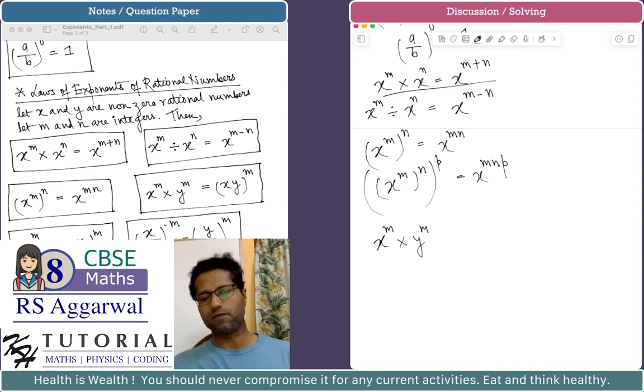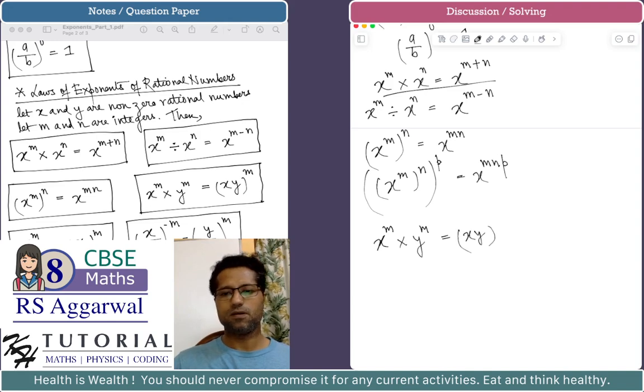That is, it is a product of two numbers where each number is in exponential form, x to the power m and y to the power m, and the bases x and y are different, but the powers are same. This will be equal to the product of the bases raised to the common exponent or power.